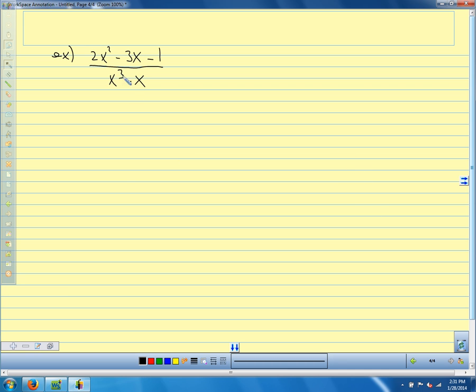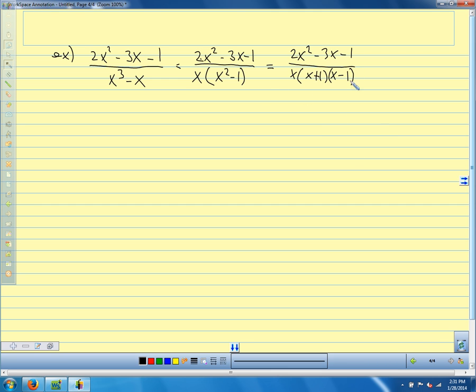It's not improper, so we don't have to do long division here. But can I factor this denominator? So I get 2x squared minus 3x minus 1 over x times x squared minus 1. Can I factor x squared minus 1? Yeah, x plus 1, x minus 1.